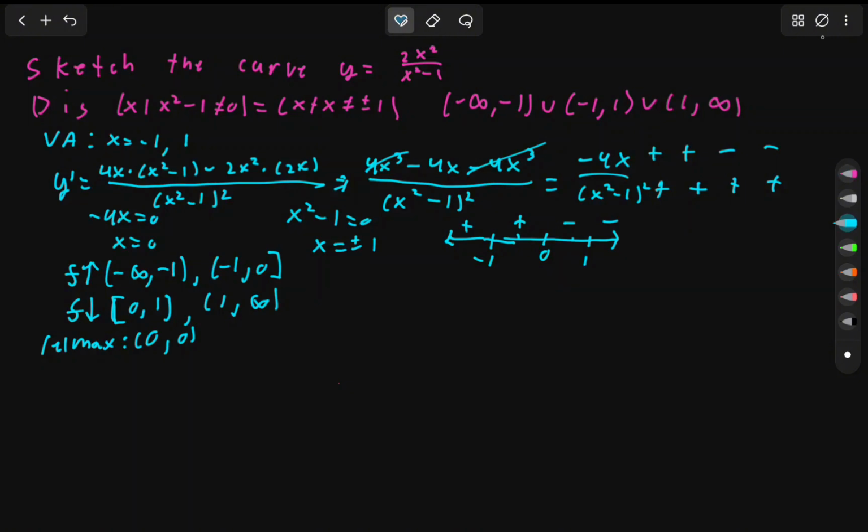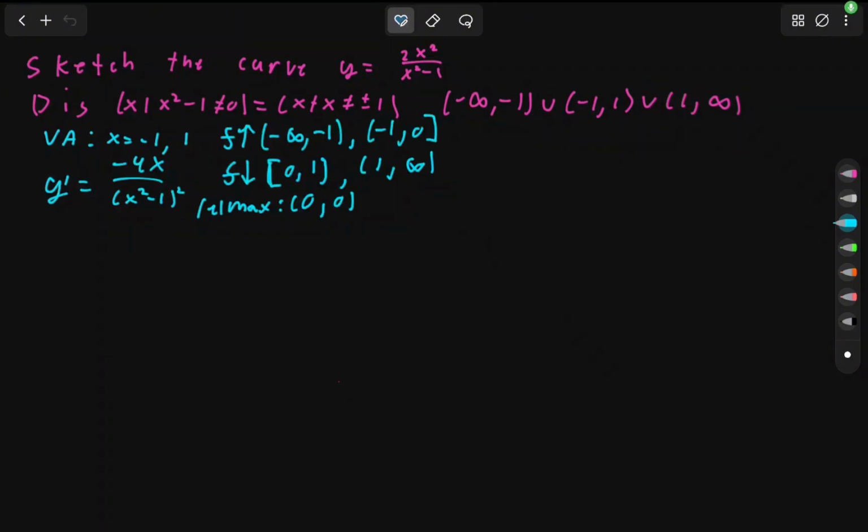So now we got to clean up the board. Alrighty, now for the concavity, we have to take the second derivative.